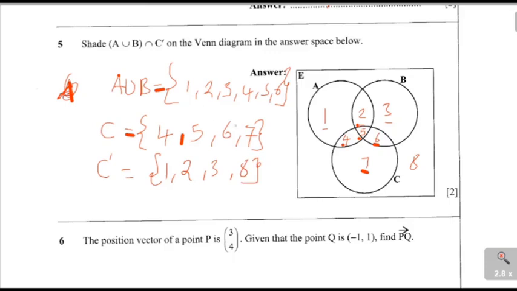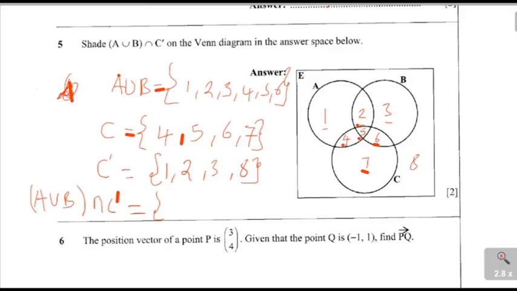Now from here, what are we going to do? Let us now find A union B intersection C complement. So we say A union B in brackets intersection C complement. In A union B we have 1, 2, 3, 4, 5, 6. Then in C complement we have 1, 2, 3 and 8.